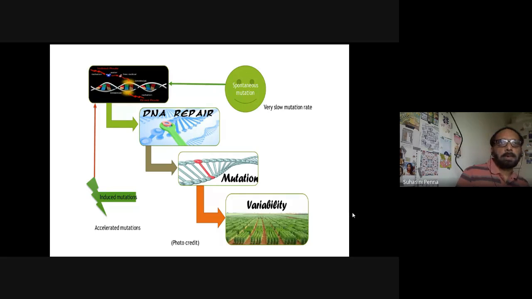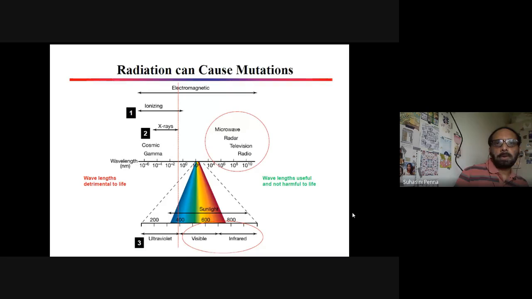As compared to spontaneous mutation, where the process is very slow and the rate is very low, in induced mutations the mutation process is accelerated by using mutagens. For example, radiations can cause mutations. If you see the spectrum, the left side ones are normally detrimental to life.